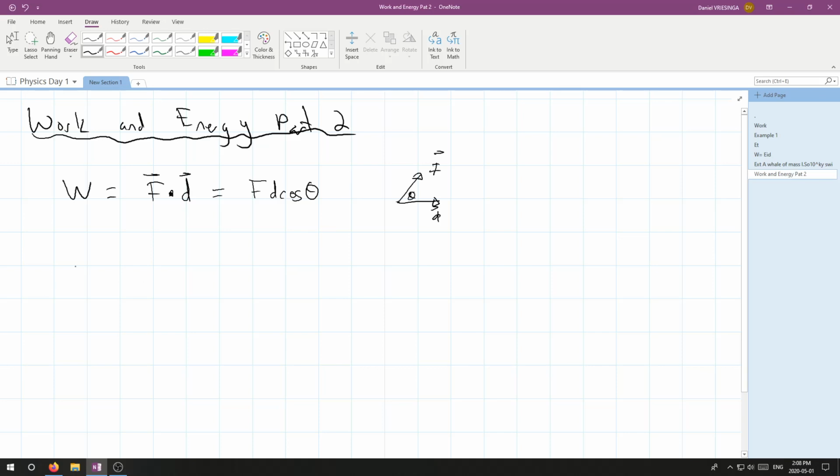Through the magic of physics formulas, setting force equal to mass times acceleration, and using the formula Vf squared equals Vi squared plus 2AD, we ended up getting that the work was equal to the change in the kinetic energy of that object.